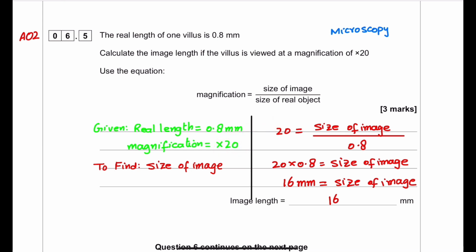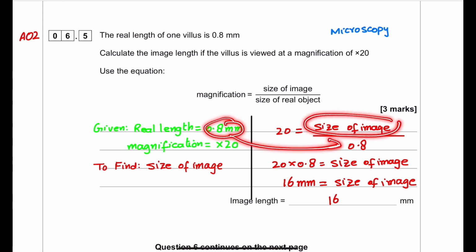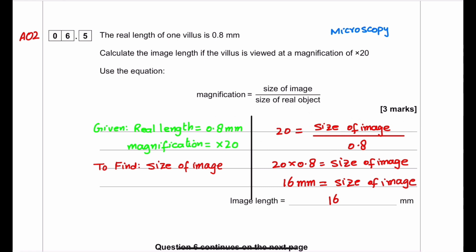The size of the object is given here, and we are going to find the size of the image. 0.8 is dividing on this side. When you go to the other side, it is going to be times 20. So the size of the image with the help of the calculator is 16 millimeter. So we substitute here, size of the image is equal to 16 millimeter.